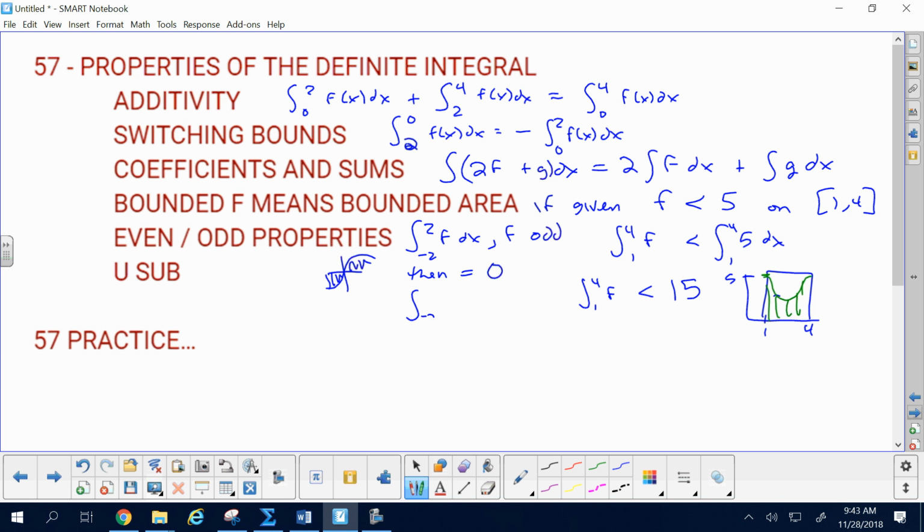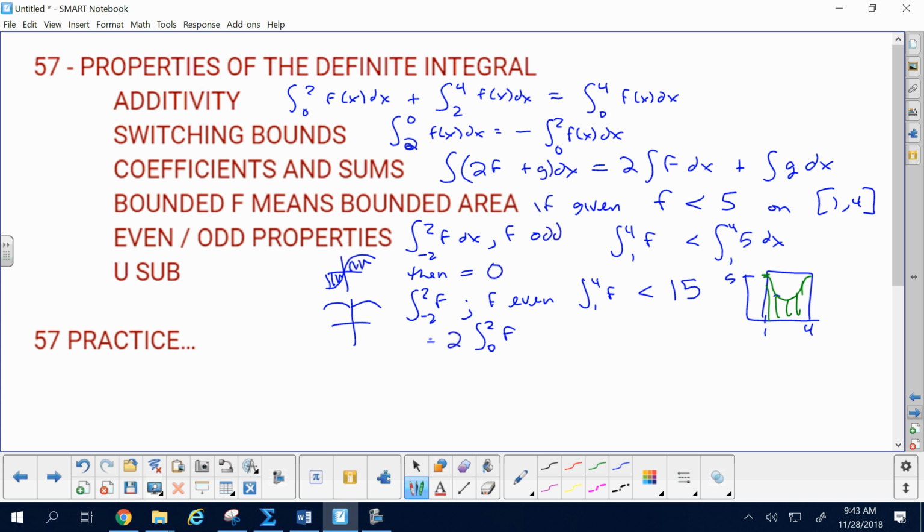If you went from -2 to 2 and f is even, then there's symmetry about the y-axis. So it's not going to be 0, it's going to be double what it is on the right-hand side, or the left-hand side, I suppose. Okay? You follow? All right.